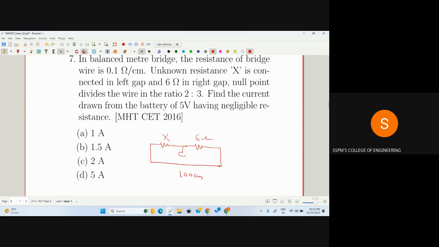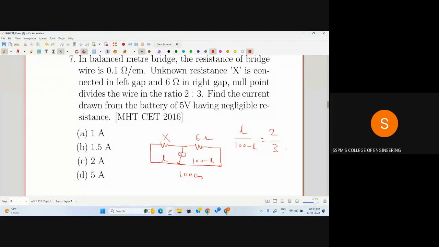The null location is given, the ratio is 2:3. Suppose this is L and this must be 100 minus L. So what is L upon 100 minus L? L upon 100 minus L is 2 divided by 3.